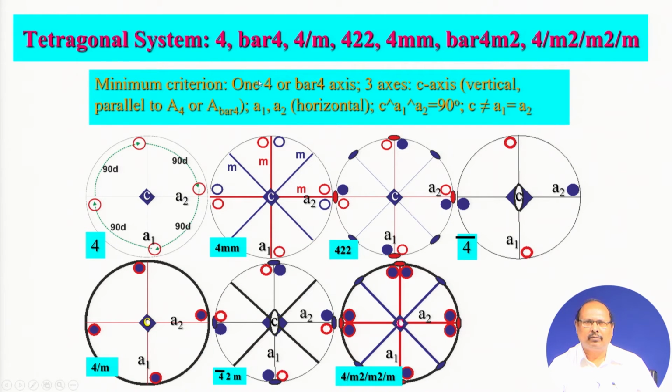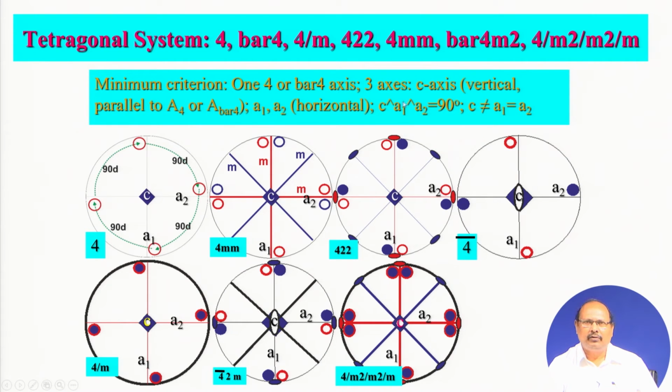The number of 4-fold or bar 4 axes should be only one, it should not be more than one. There are 3 axes here. The C axis is vertical, parallel to the 4-fold axis of symmetry or bar 4, whereas in the horizontal plane lie 2 axes which would be marked as A and B, but since A is equal to B, we give a nomenclature of A1 and A2.